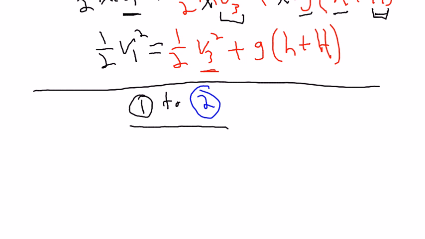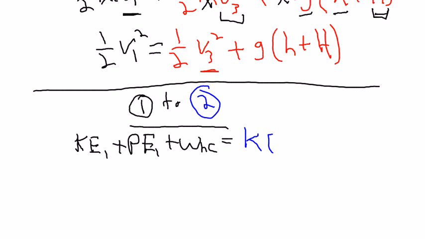So looking at points 1 to 2, once again we know kinetic energy at point 1 plus potential energy at point 1 plus work done by non-conservative forces is going to be equal to kinetic energy at point 2 plus potential energy at point 2.